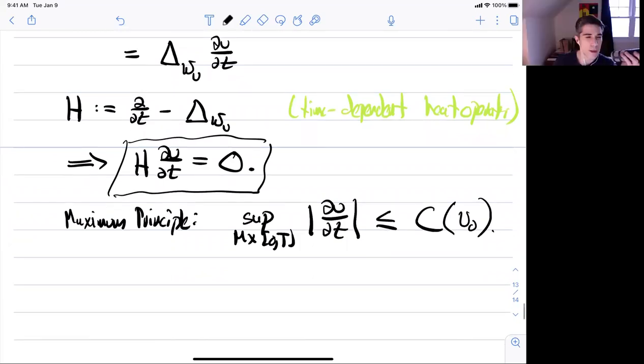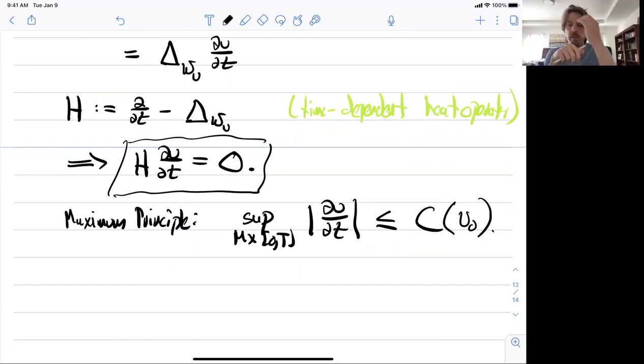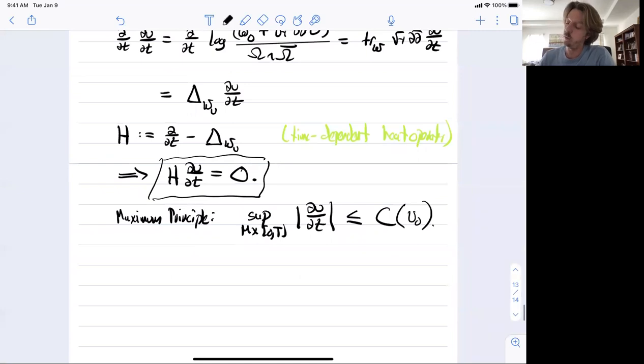Could you say a little bit more about this? Because this is a time-dependent Laplacian, it's non-linear in time. I'm just wondering how you're applying the maximum principle exactly. Well, one can prove a maximum principle.